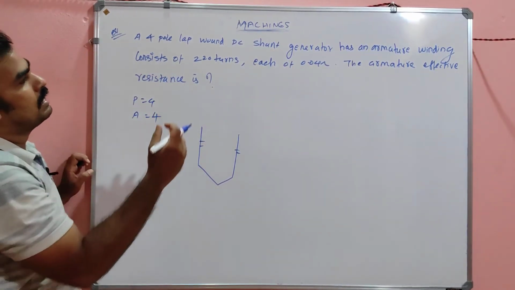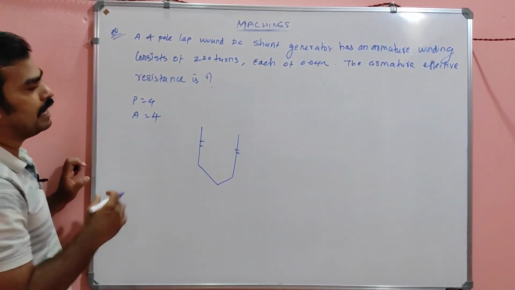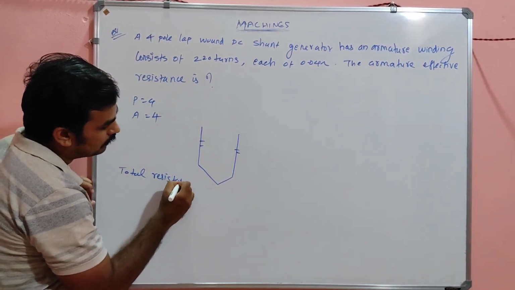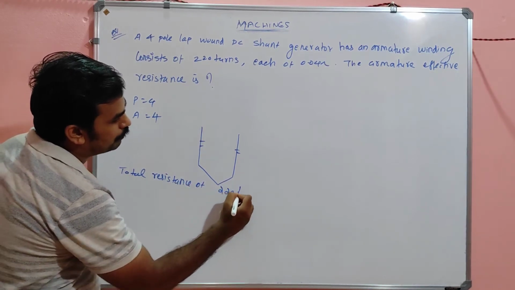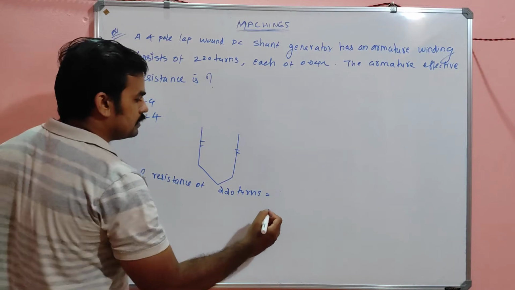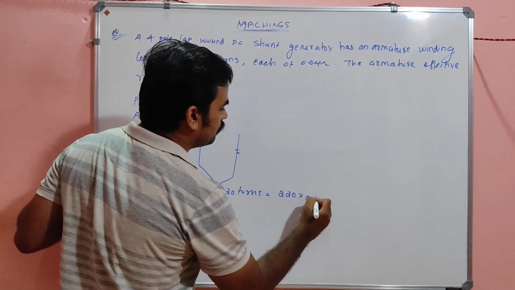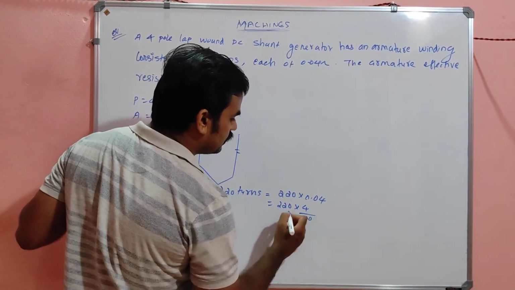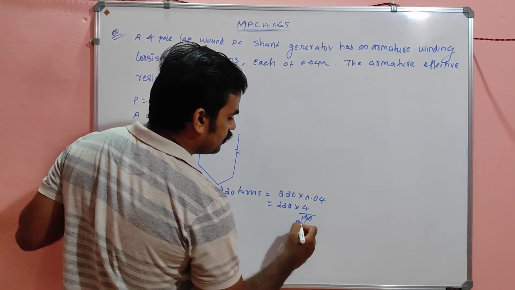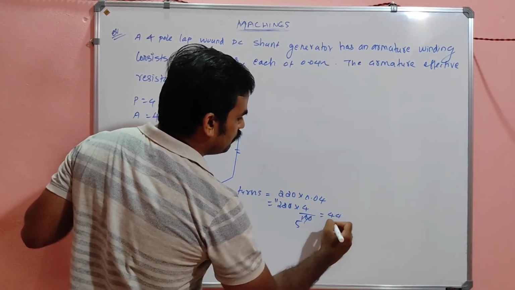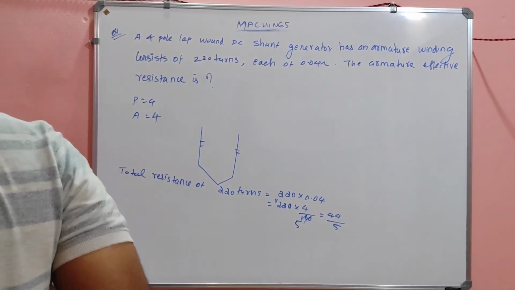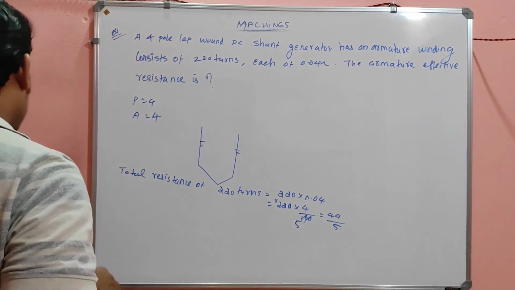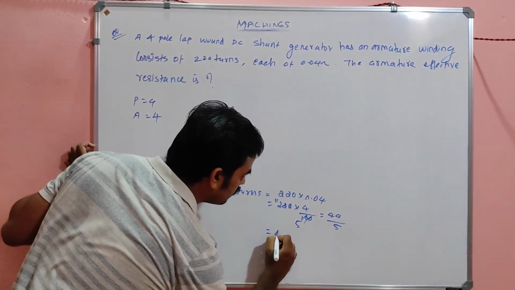So the total resistance of 220 turns will be 220 into 0.04, or 220 into 4 by 100. 10 and 10 can cancel, it's 5, this is 11, 44 by 5, which gives 0.88.